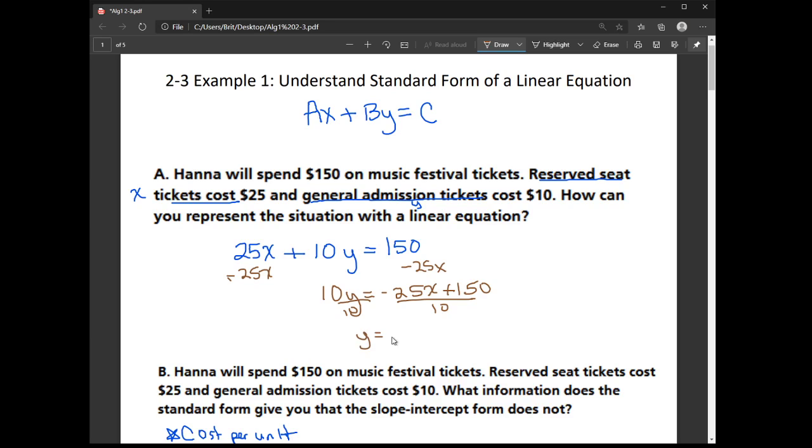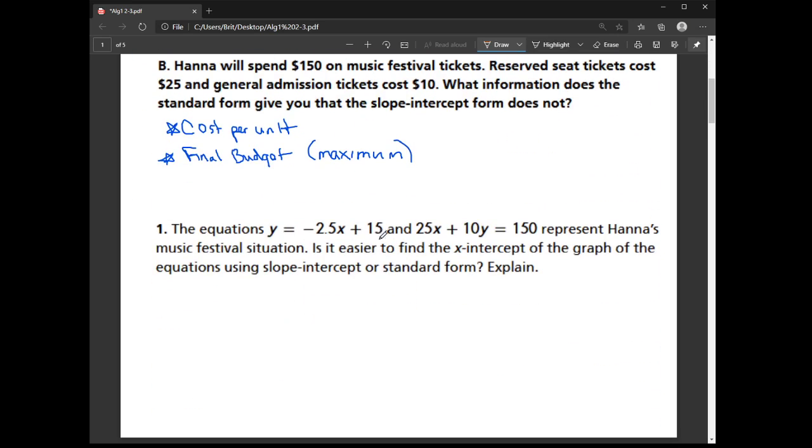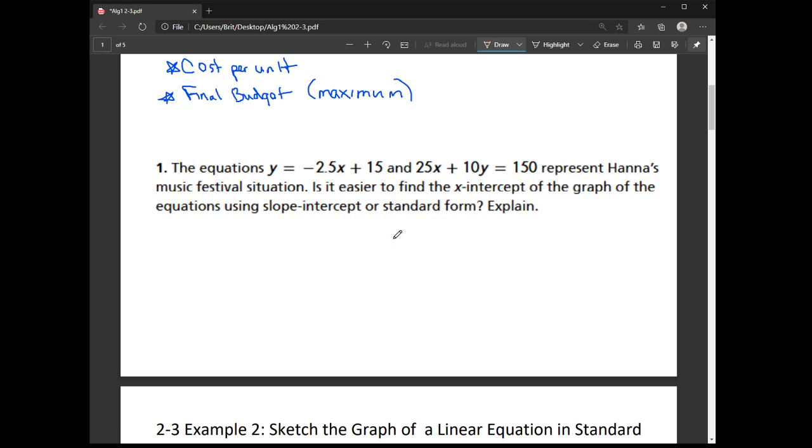So y equals negative 2.5x plus 15. So this is all, again, converting to slope-intercept form. Which is not part of A, but it makes you understand where this equation is coming from.